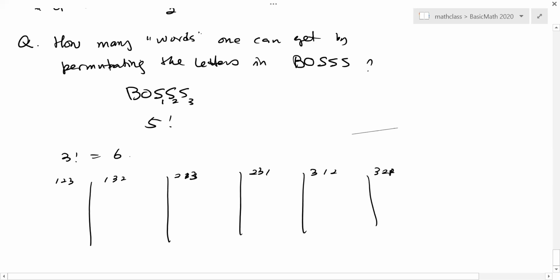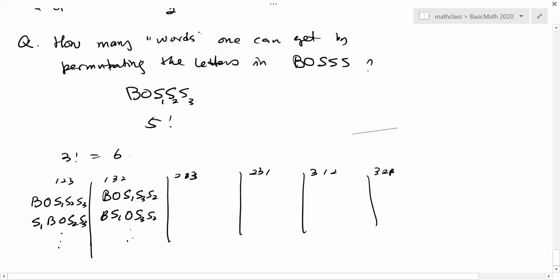Now, what does that mean? That means I only consider those words B, O, S1, S2, S3, where S1 comes first, but the order is still the same: 1, 2, 3. And then here's B, O, S1, S3, S2. And I can have B, S1, O, S3, S2.